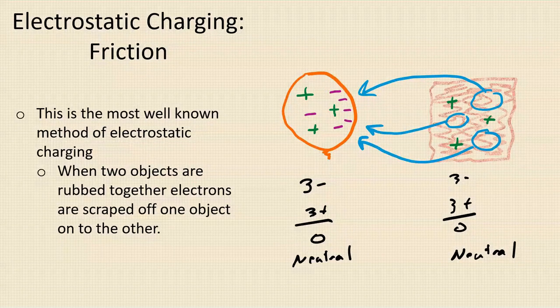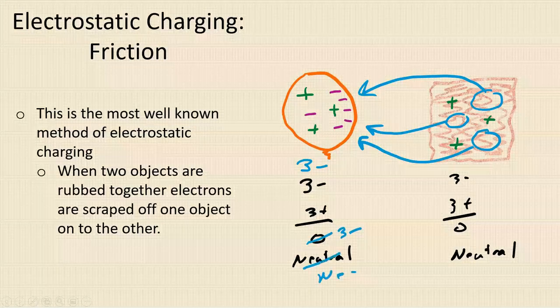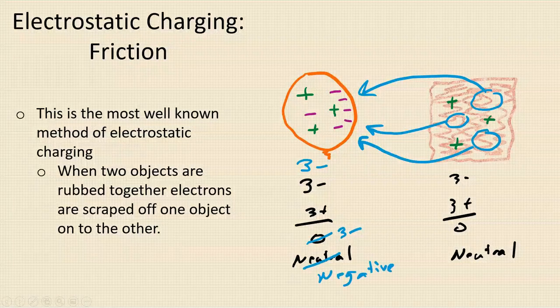And so now you see that the electrons that we had on the fabric have transferred over to the balloon. This gives us 3 extra negatives, so if we redo this little addition over here, we end up with 3 negative, which is negative overall.